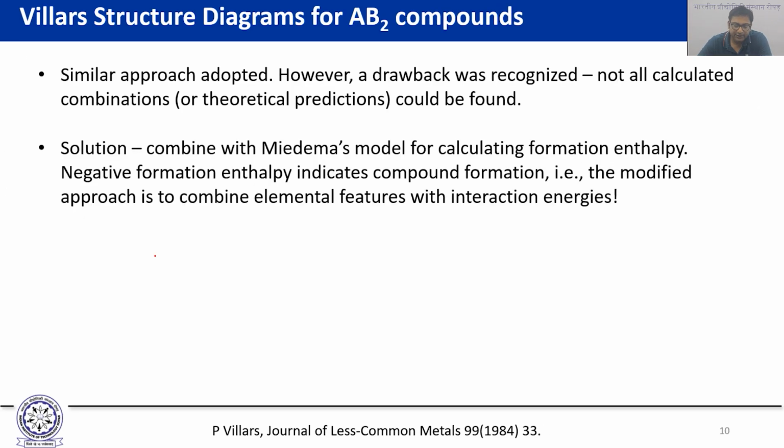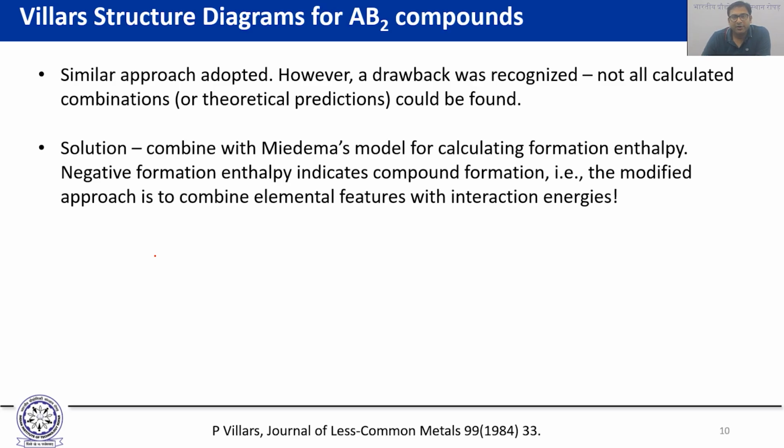So just like he created the structure diagrams for AB compounds, he also made structure diagrams for AB2 compounds. Now, as he was doing this, he was able to recognize a key drawback in the process. He found that not all calculated combinations or the theoretical predictions for all different compounds could be found, because there's a bunch of compounds which we don't even know for sure were going to exist.